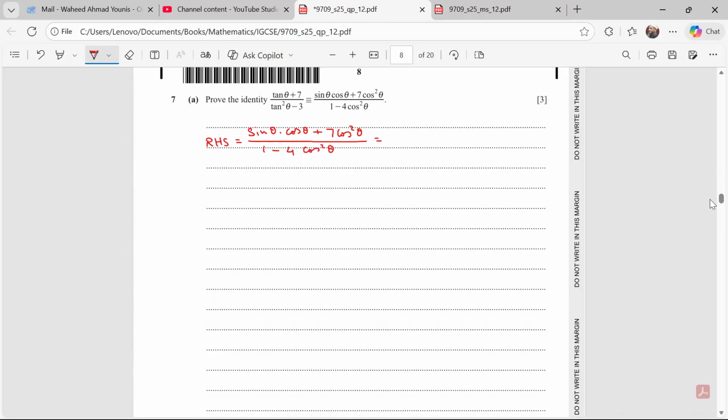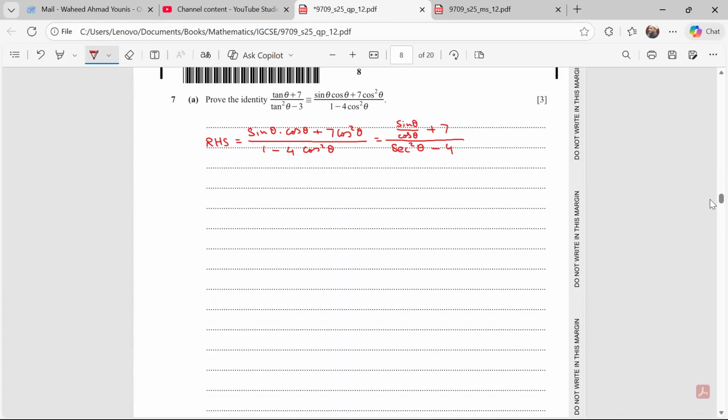So what I will do, I will divide top and bottom by cos square theta. So when I divide by cos square theta, it will be sine theta over cos theta and plus 7, because when I divide 1 by cos square, it will become secant square theta minus 4 only, right?